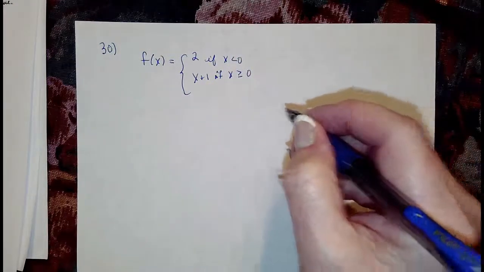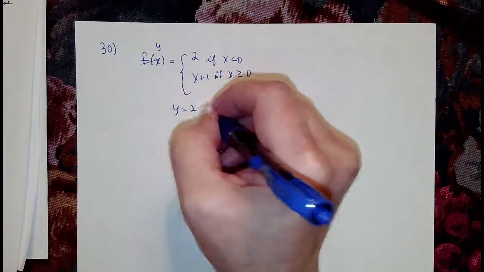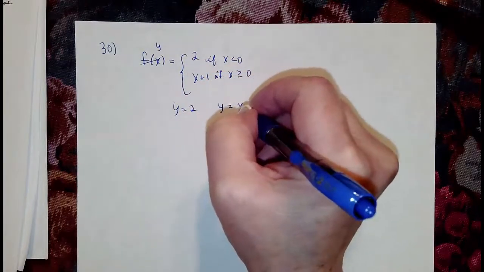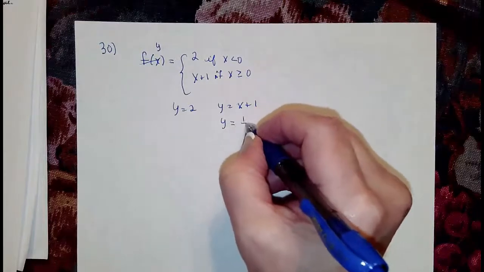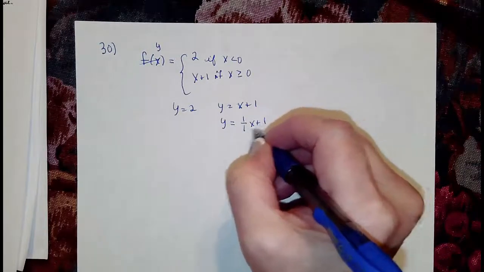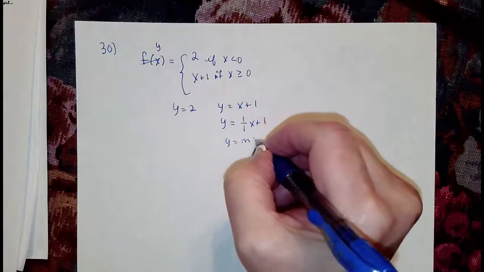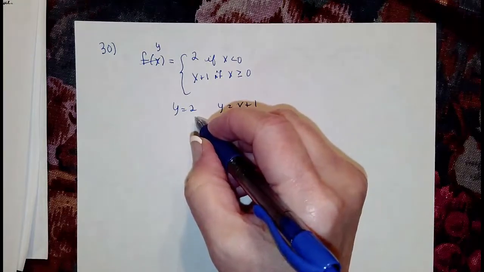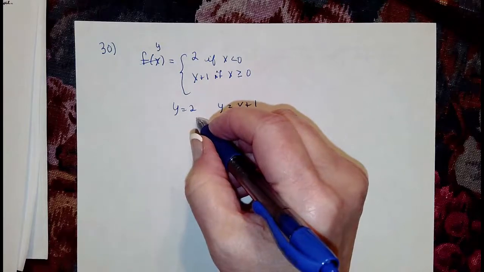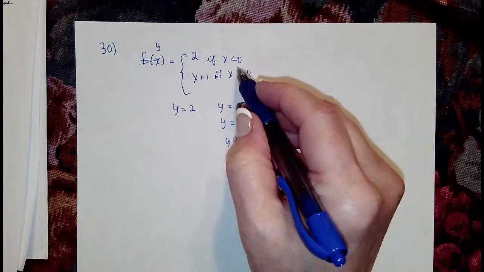Okay, so this is my y equals 2, and y equals x plus 1. We said before, this is the same thing as y equals 1x plus 1, y equals mx plus b. Here we have y equals 2, so what does the graph of y equals 2 look like? It has to be for x less than 0.